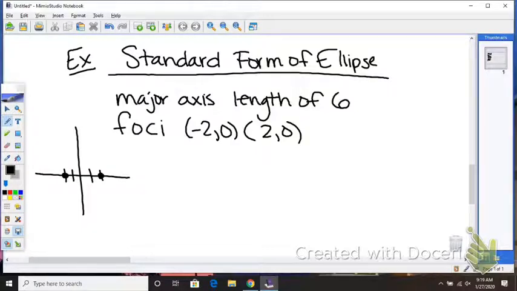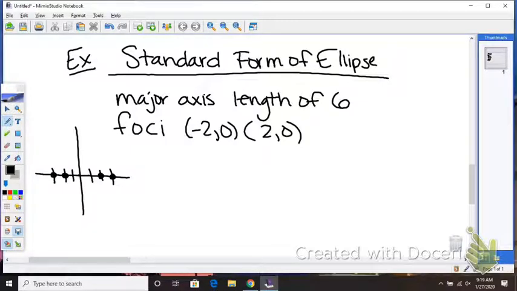Yep, the x, because your foci are always on the major axis. Now I'm telling you that the major axis of our ellipse has a length of 6. So what does that mean each half is? 3. So that means my vertices are going to be at the points (3, 0) and (-3, 0), because this whole length here would be 6.